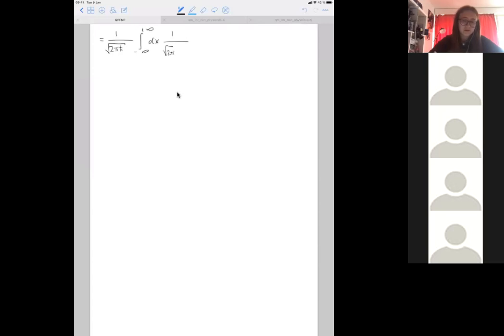So here we just insert our Gaussian. Then we have kx minus i p x over h bar, dx.